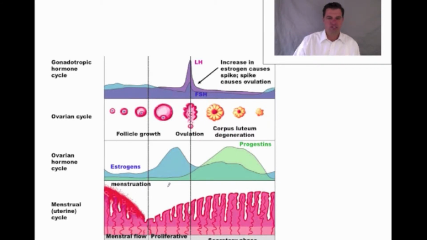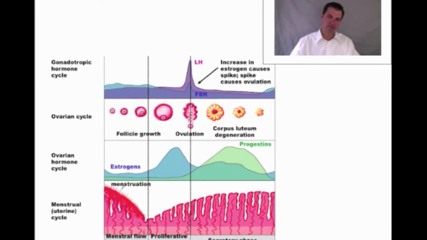And all these numbers, by the way, can vary tremendously based on differences in women, differences in age, number of children they've had, and various other factors. So lots of things can change this. This is an ideal cycle, and I'll try to mention that several times.